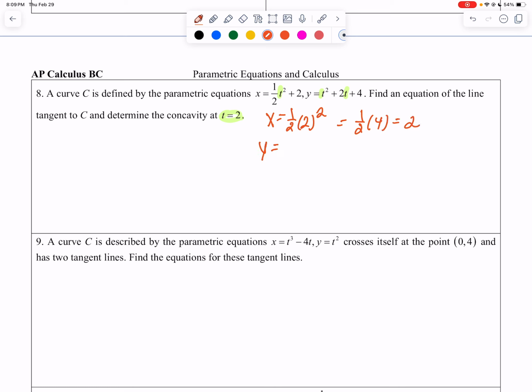Y is going to be 2 squared plus 2 times 2 plus 4, which is equal to 4 plus 4 plus 4, or 12. So this means that my rectangular coordinate, oh, I forgot the plus 2 here. So plus 2, plus 2, plus 2, so 4. This means that my rectangular coordinate is going to be 4, 12.